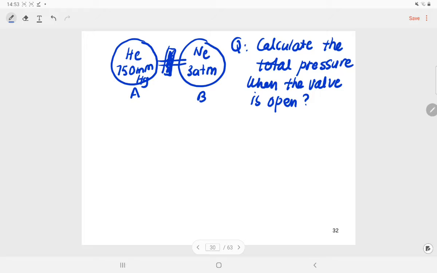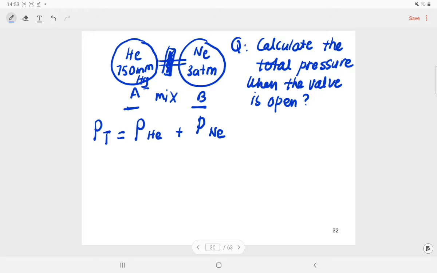It means gases in vessel A are allowed to mix with the gases in B. So back to Dalton's law of partial pressure, which states that total pressure is equivalent to the partial pressure of helium plus the partial pressure of neon. The problem here is helium has a partial pressure in millimeter mercury, whereas my neon is in atmospheric pressure. So different units, that means you need to fix with only one unit.